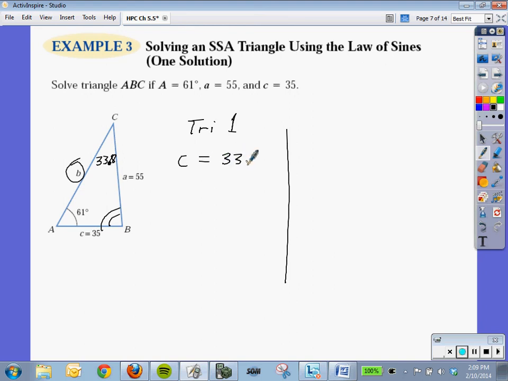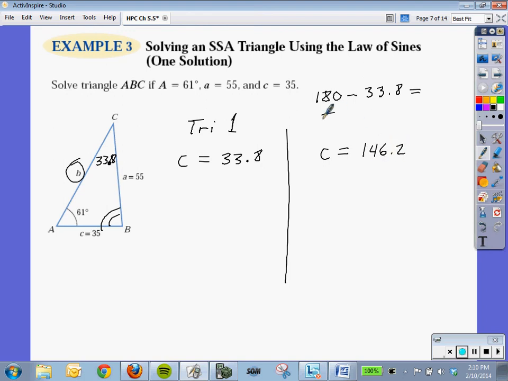We had 33.8, and if we were to take 33.8 away from 180, that would give us our other possibility, 146.2.